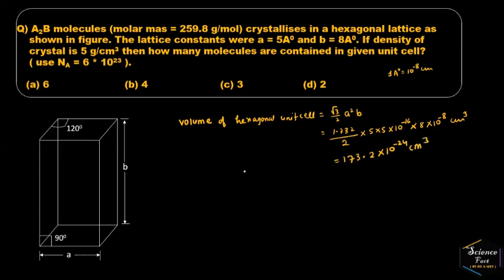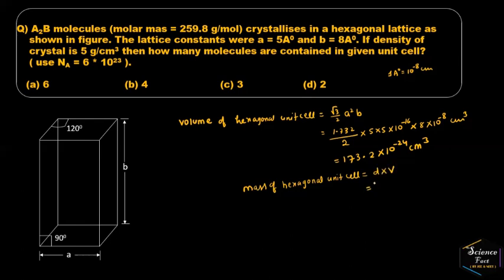Of course, after getting the volume, we can calculate the mass because density is given in terms of gram per centimeter cube. So the mass of the hexagonal unit cell is equal to density into volume.